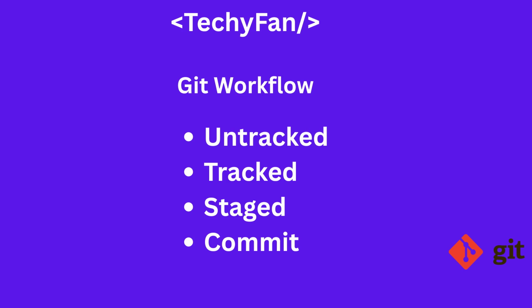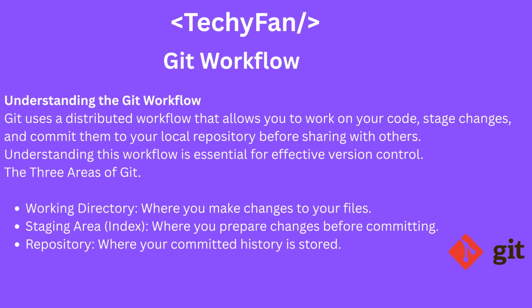So the next slide is the Git workflow. Understanding the Git workflow: Git uses a distributed workflow that allows you to work on your code, stage changes, and commit them to your local repository before sharing with others. Understanding this workflow is essential for effective version control. The three areas of Git.